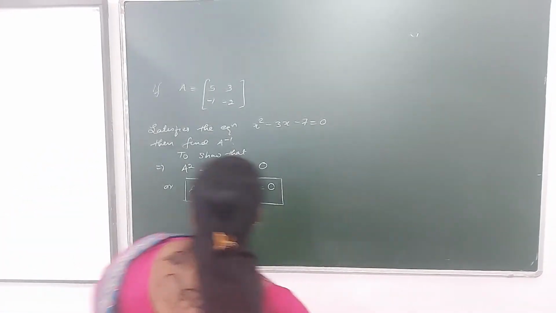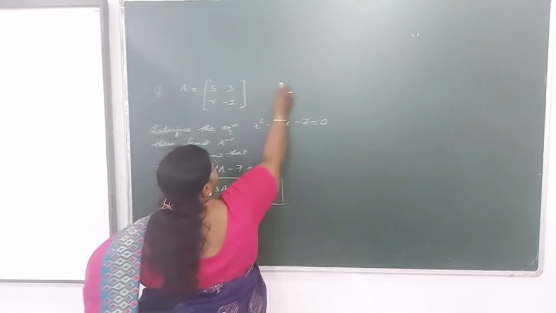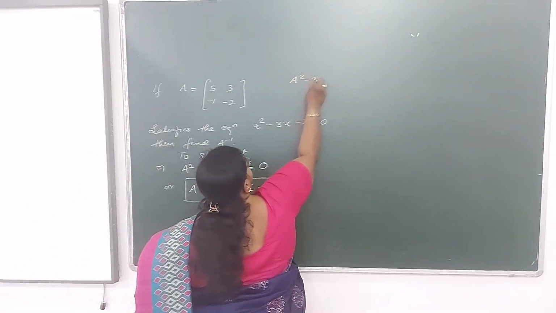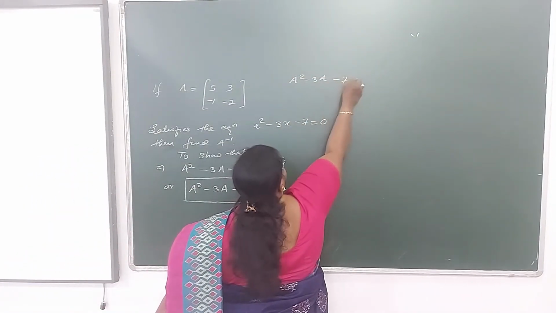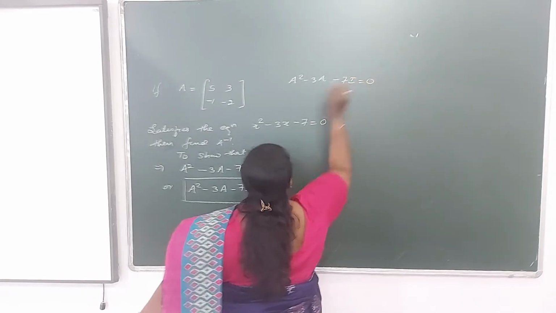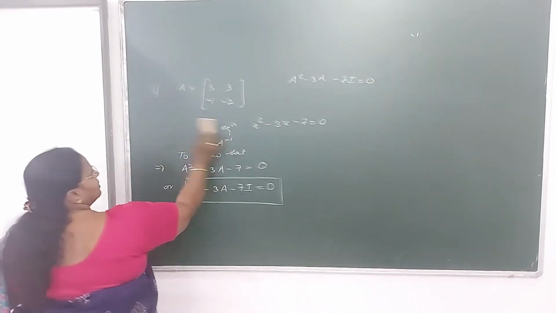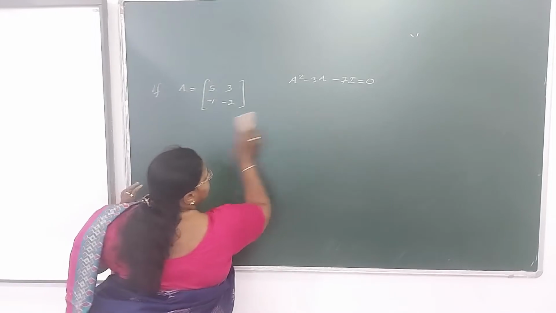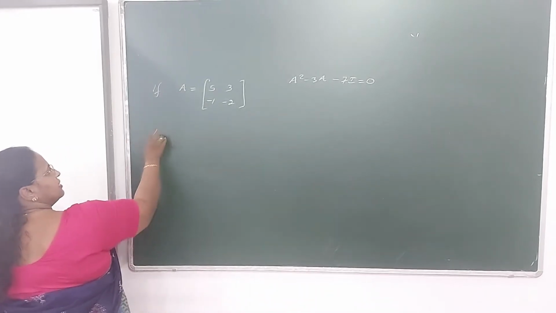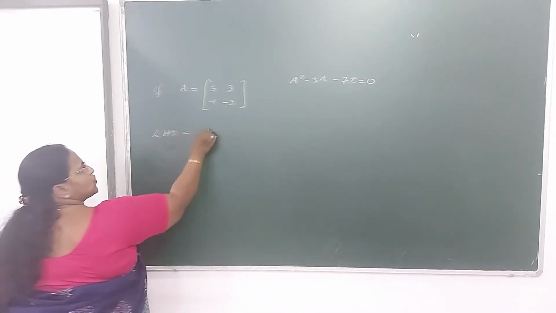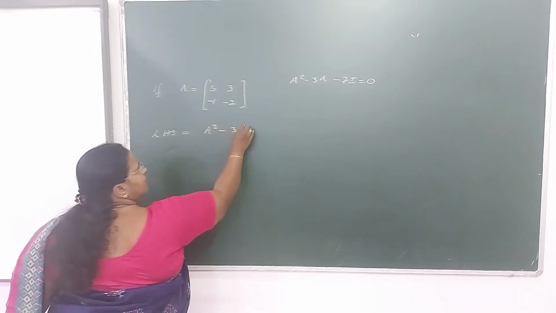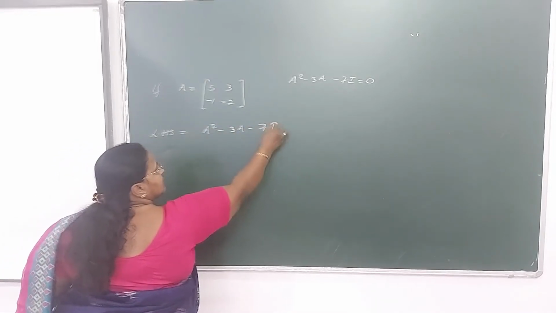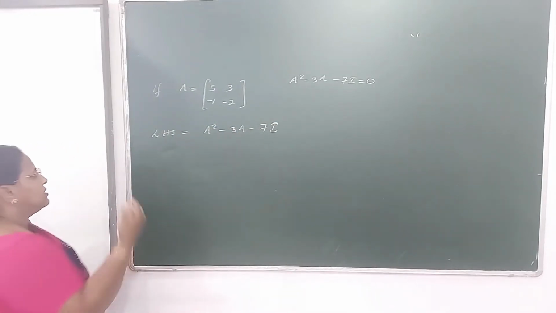Okay, so the question is to prove A square minus 3A minus 7I is equal to the null matrix. Let us take the left hand side, LHS: A square minus 3A minus 7I. Substitute the value.